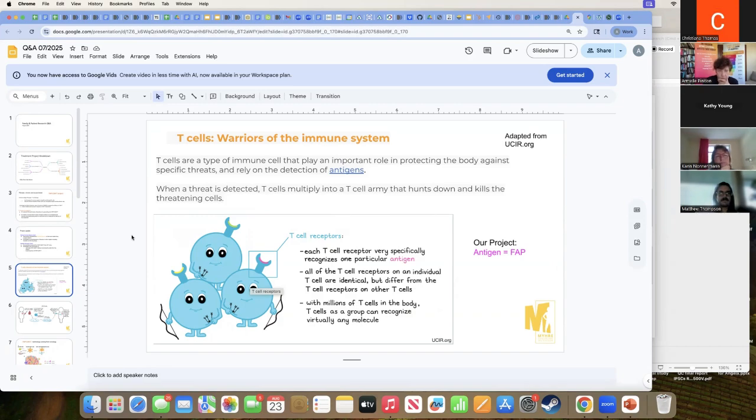So when they are very alert, when they recognize this antigen, they multiply, and they become like an army, and they really hunt all those cells everywhere in the body. They are circulating, so they are really on the watch. And when they see that there is this signal, that means that the cell is really bad, then they stick to the cell and kill it.